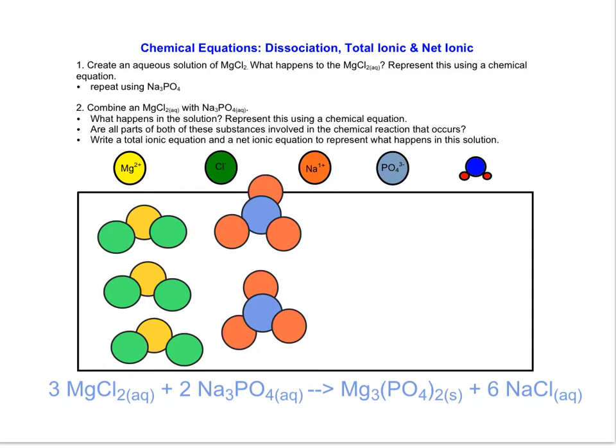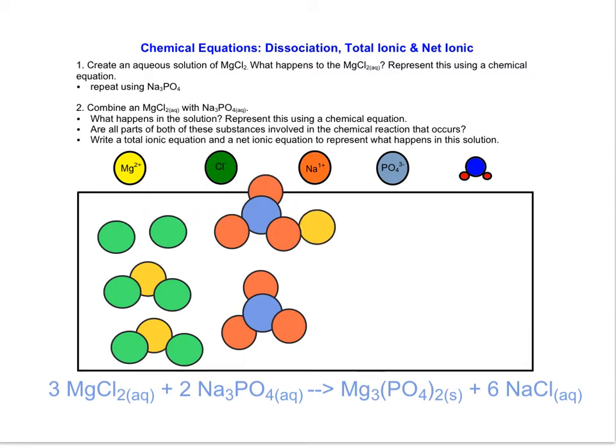And the nature of that reaction is that the two compounds switch partners. So now the Mg, this positively charged ion, will be paired up with the negatively charged ion from the other compound, and the sodium ion will be paired up with the negatively charged ion from the other compound. And so I'm going to represent that in the picture down below, and we'll see what the products are.